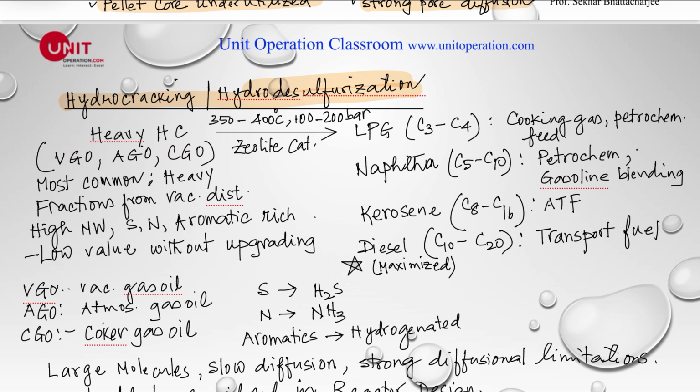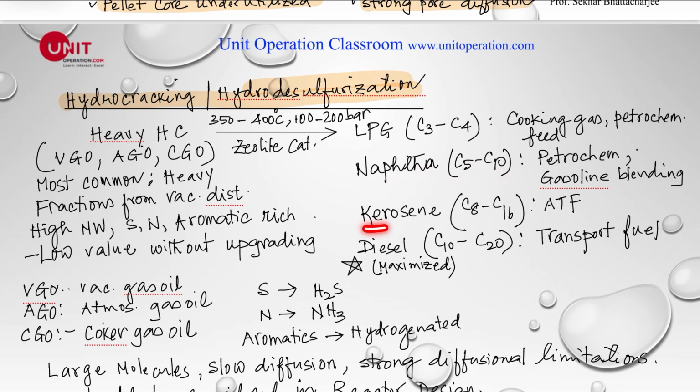We do the hydrocracking and hydrodesulfurization, and these are the typical temperature range and pressure range, and we use different types of catalyst here. So what are the products? The desired products are LPG, C2 to C4, which is used for cooking gas and petrochemical feed, and naphtha in this particular carbon range, used for petrochemicals and gasoline blending.